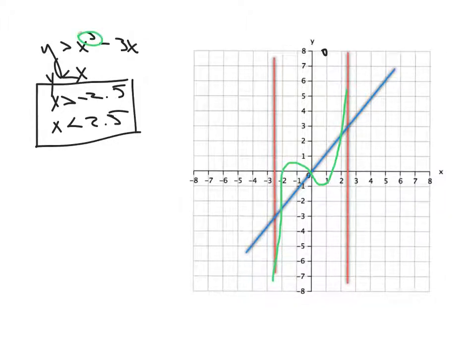Because it's a cube function, it's going to have that kind of a shape. Alright, so now what I'm looking for is what numbers make all of that true. Well, I know because of this, it's going to have to be somewhere in here. It can't be out here or out here. And I know because y is less than x, it has to be somewhere in here.